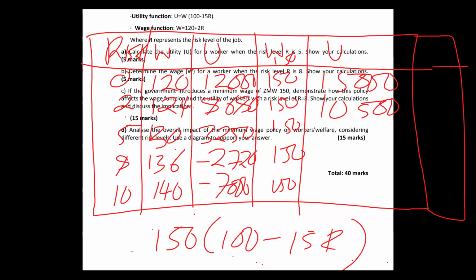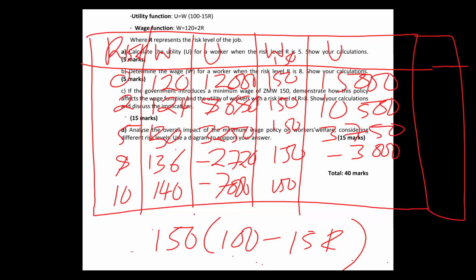What about when the risk is going to 5? 15 times 5 is 75. 100 minus 75 is 25 times 150, giving us 3,750.